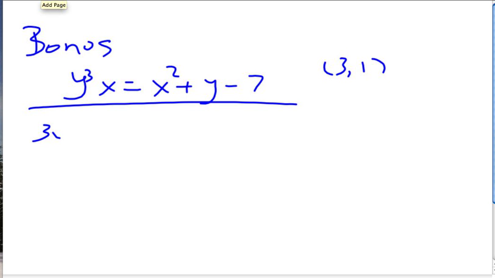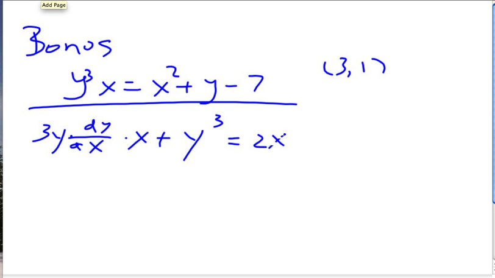We get 3y squared times dy/dx times x plus y cubed, using the product rule, equals 2x by the power rule, plus dy/dx, and minus 7 turns into 0.